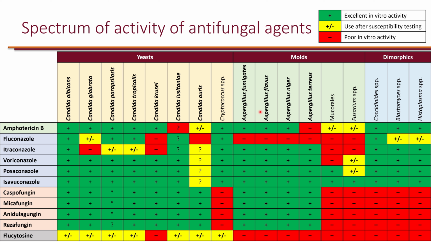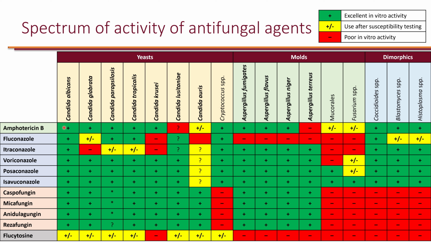Now, lastly, let's take a look at the spectrum of activity of these agents. It's good to think of yeasts and then molds and then dimorphics. When it comes to yeast, these are the significant Candida species that cause clinically important fungal infections. And there's also Cryptococcus.